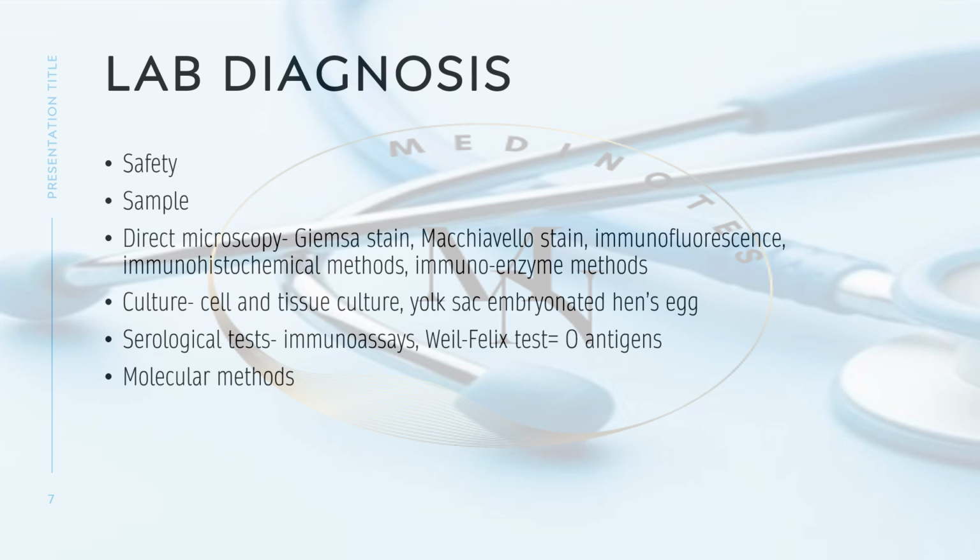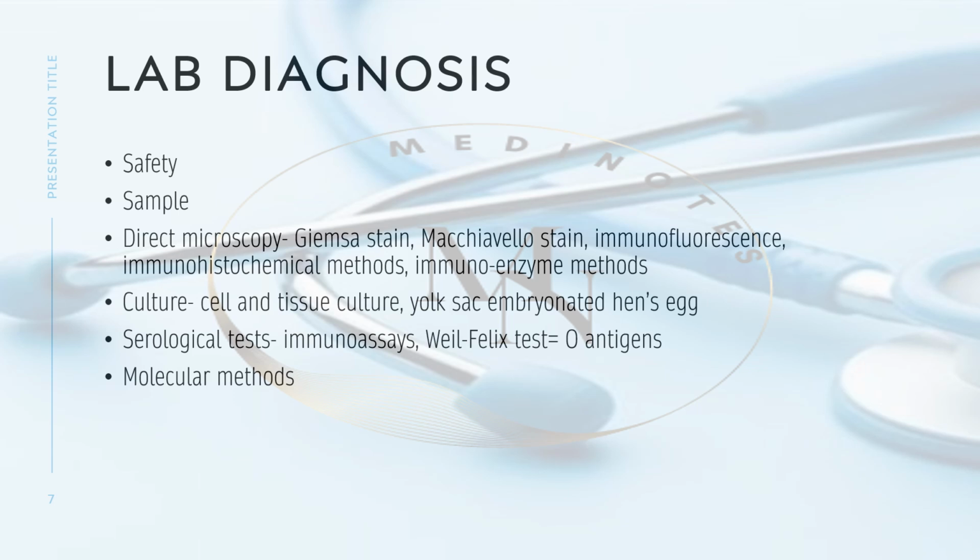When we go for the serological tests, we have immunoassays as well as the Weil-Felix test. In immunoassays, we can do ELISA, immunofluorescence, passive hemagglutination of red cells sensitized by ESS, that is erythrocyte sensitizing substance, rickettsial suspensions, and we can also do the complement fixation test.